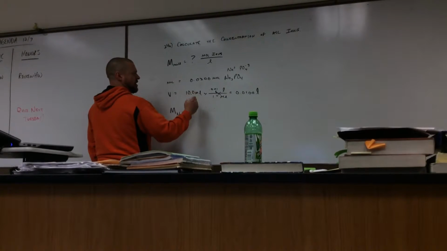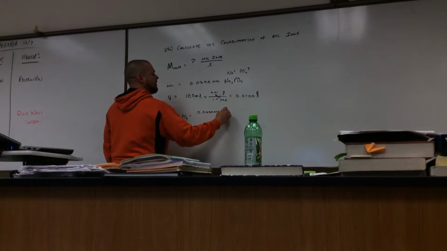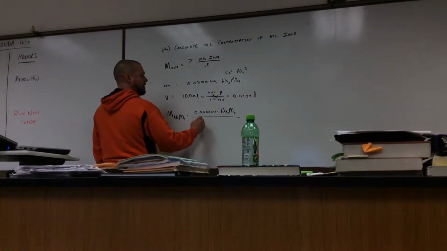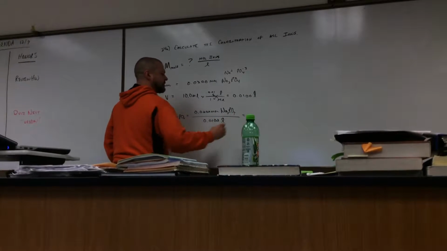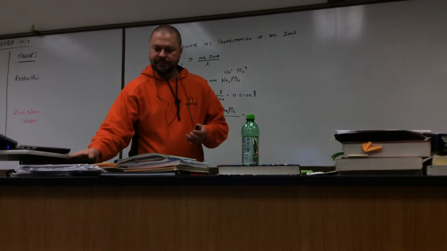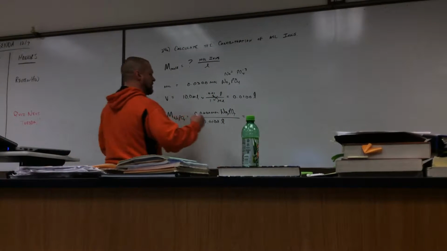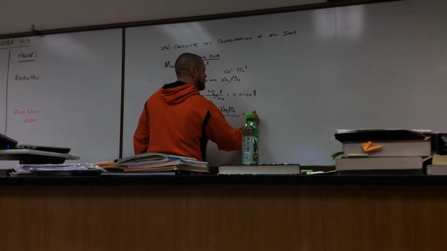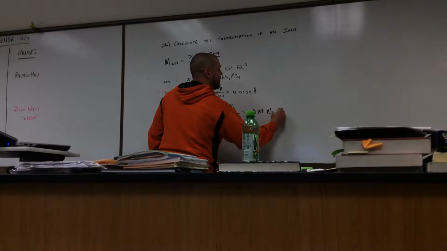So the molarity would be 0.0200 moles of Na3PO4 over 0.0100 liters. That should be easy. Shouldn't that just be 2 molar, if you divide that into that? Okay, so that's going to be 2 molar Na3PO4.